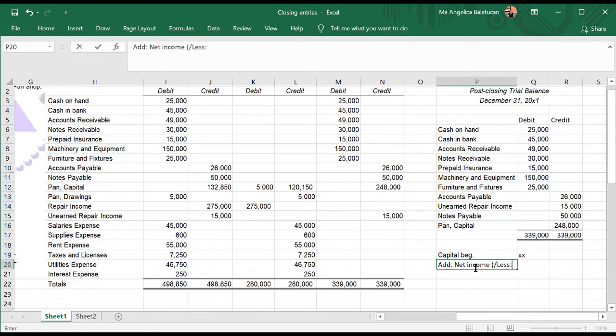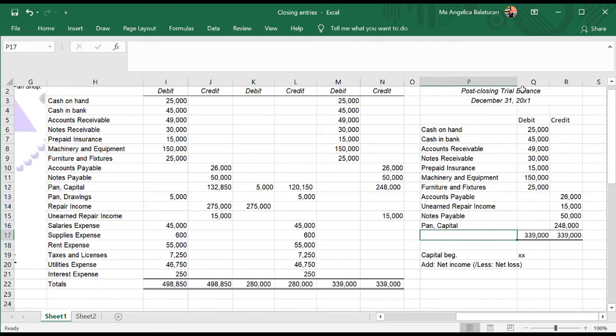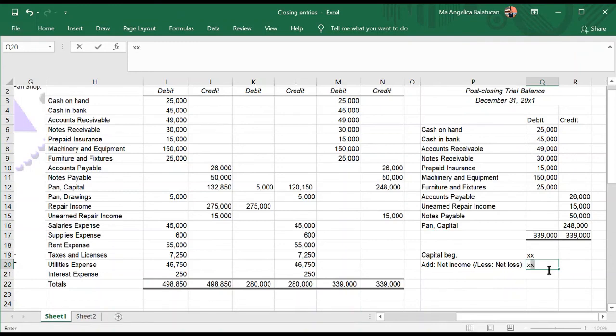So it depends on the outcome of the operations. If there is net income, then you're going to add. But if it's a loss, you're going to deduct. Then total, and then this one should be deducted, which is your drawings. And this would be your capital end. So this is how it was computed earlier, if you can remember.